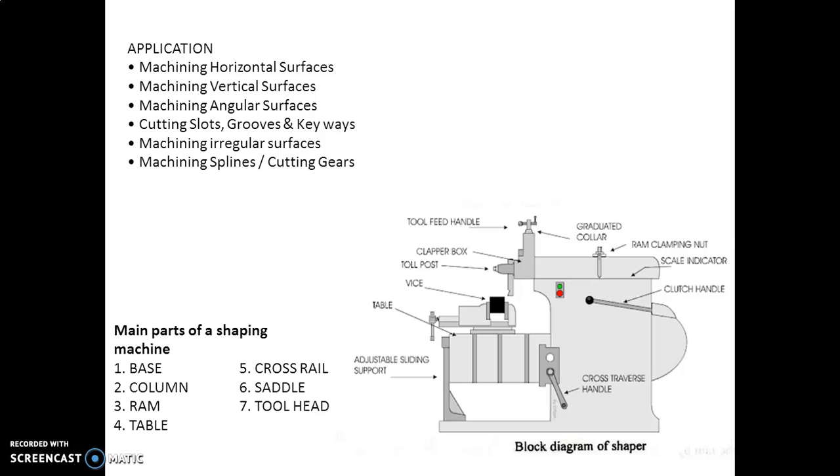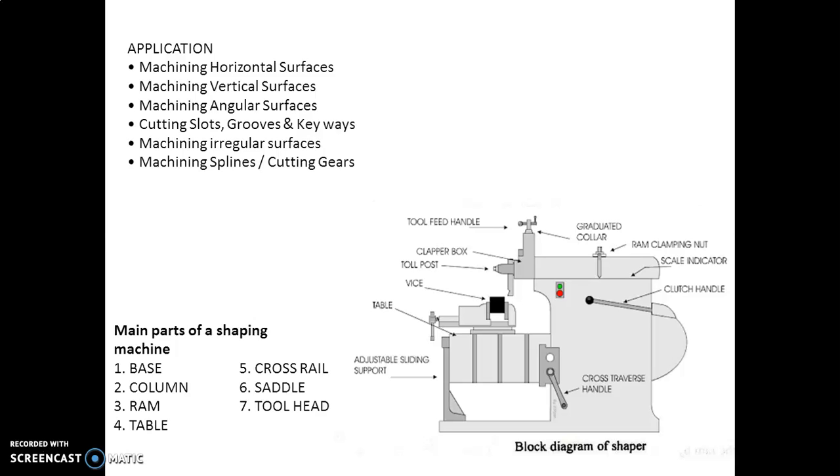The next main part we'll discuss is the tool head. The tool head holds the cutting tool and is fastened to the front of the ram. The tool is held in a tool holder or tool post similar to the lathe tool post.